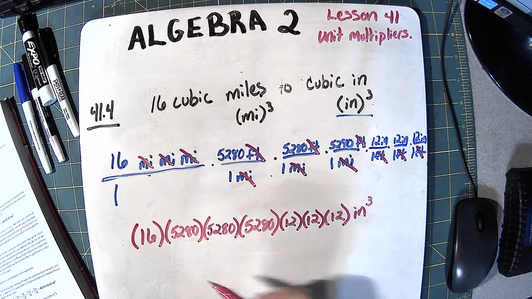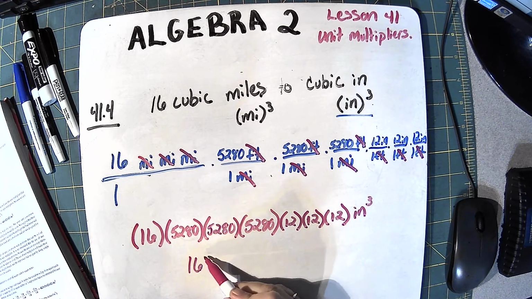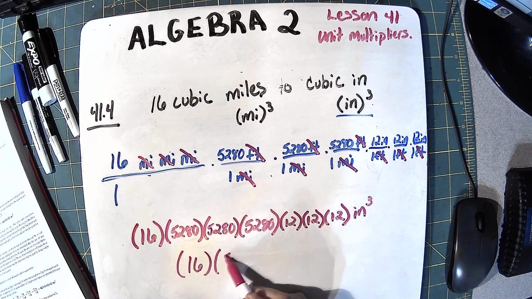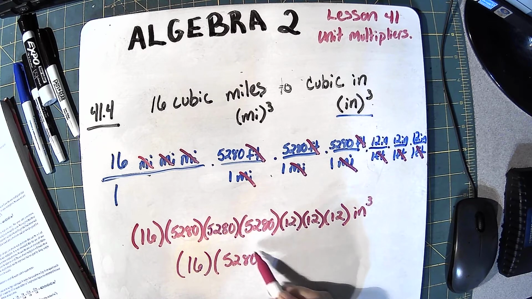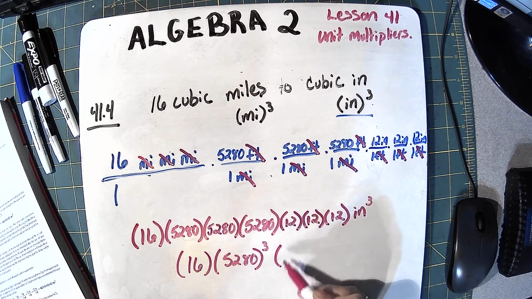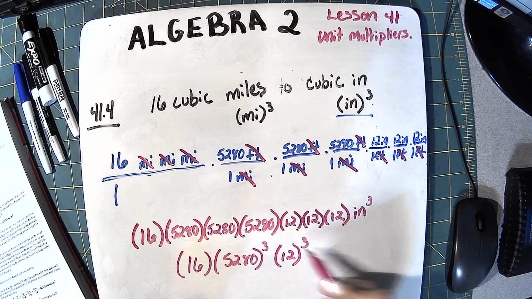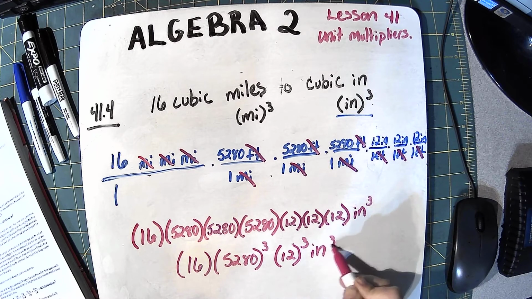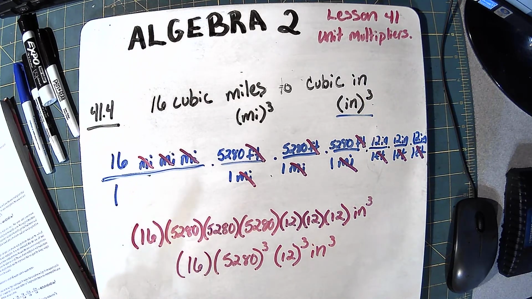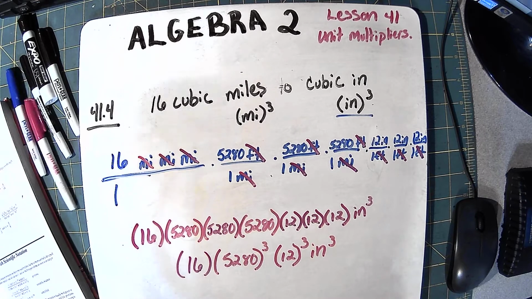You could break that down and write 16 times 5,280 cubed times 12 cubed inches cubed. Just like that.